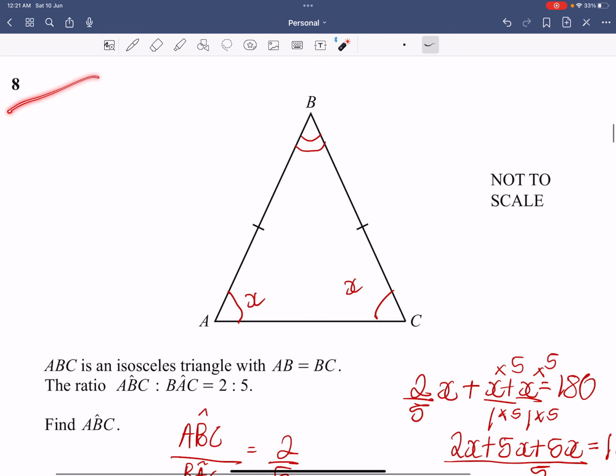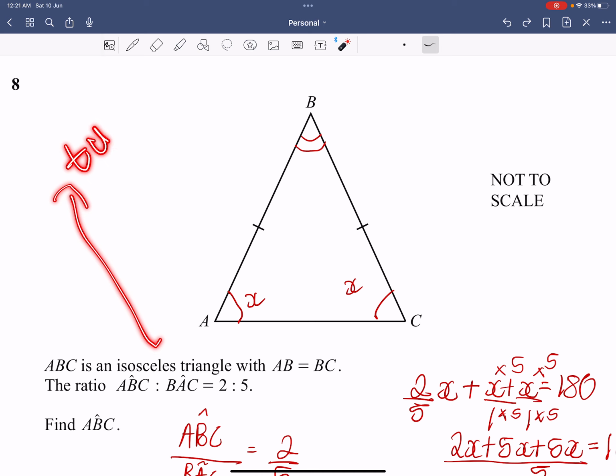Now question number 8. ABC is an isosceles triangle. Now what is an isosceles triangle? You might be wondering. An isosceles triangle is a triangle which has two equal sides.